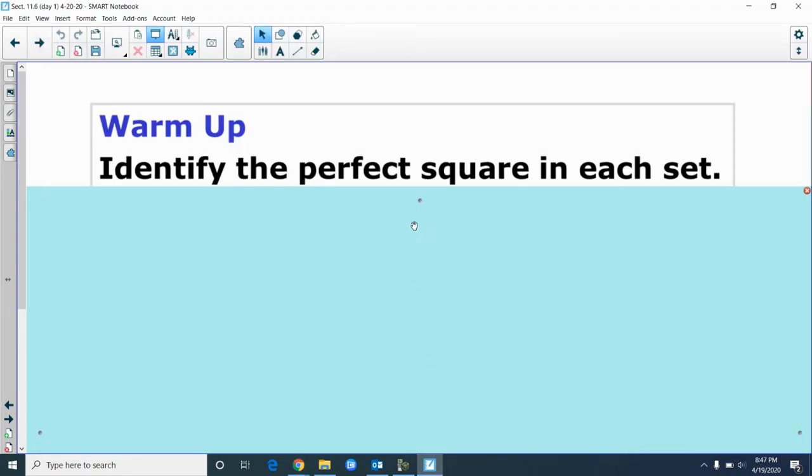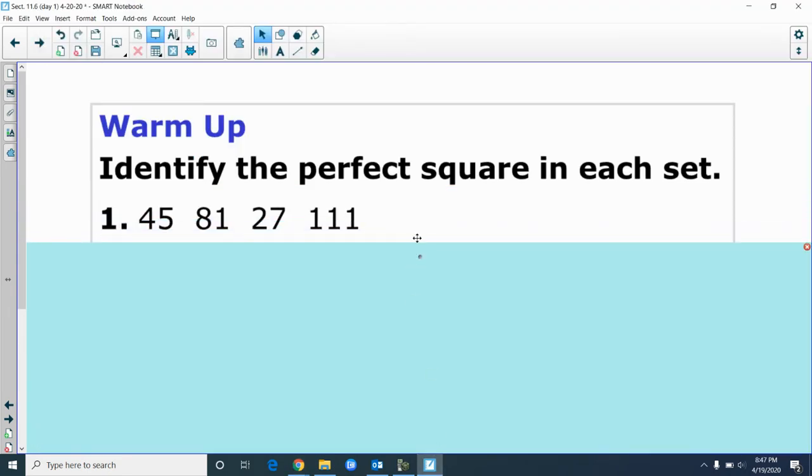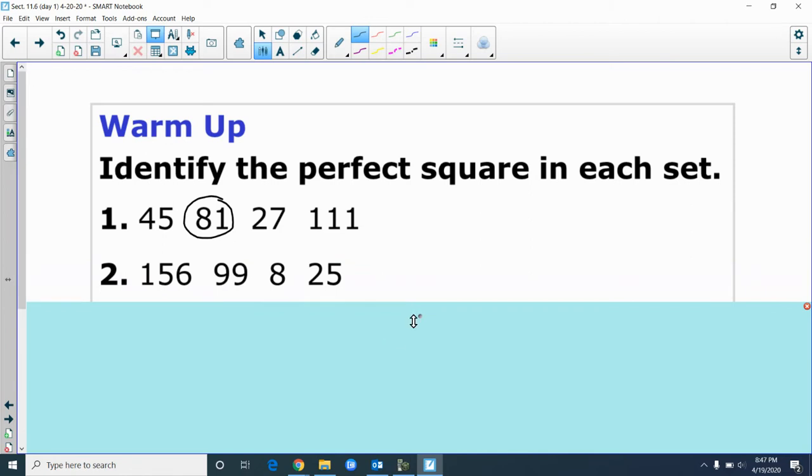All right, identify the perfect square in each set. This is not part of your guided notes, so just pay attention here. Out of these, 45, 81, 27, and 111, 81 is the perfect square. How about 156, 99, 8, and 25? 25 is your perfect square.